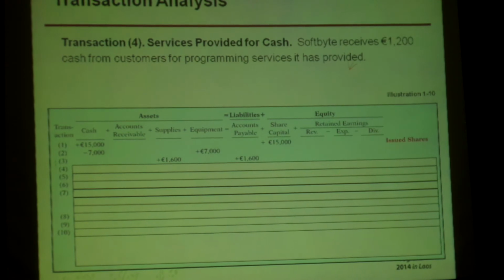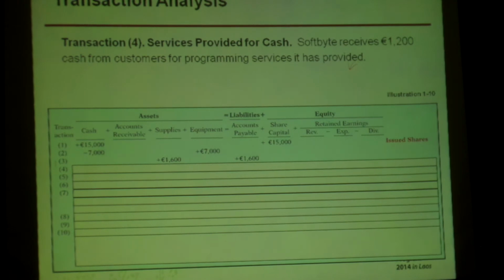Yes, they did. And that means they earned what? Revenue. They earned revenue, right? Okay. SoftBite received, then they received what? Cash.